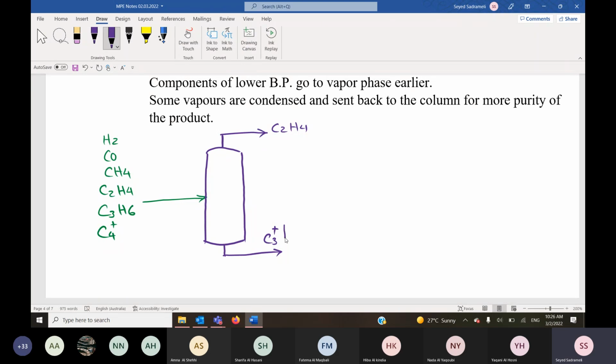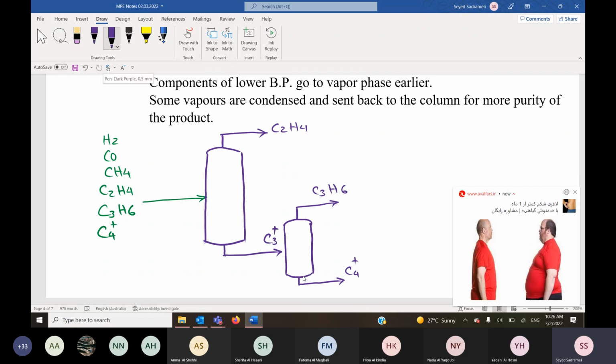Let's sketch it and draw it as a smaller column to fit the page. So we have C3 at the top, and then C4 plus at the bottom. Okay, so these are two columns.